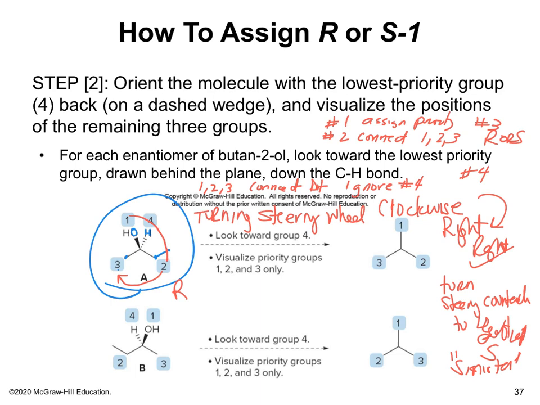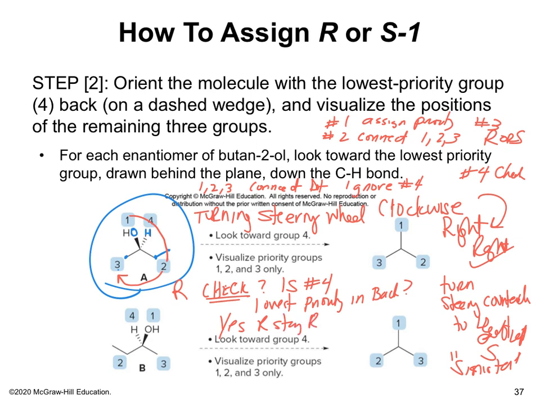Do your check. Okay? The check. What's the check? You have to ask yourself the question: is number 4 lowest priority in the back? Okay, so if yes, then R would stay R, or S would stay S. If no, then you got to do a switcheroo.